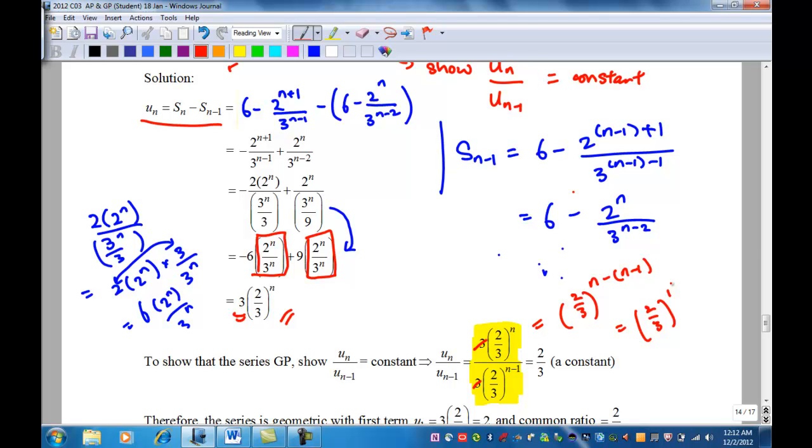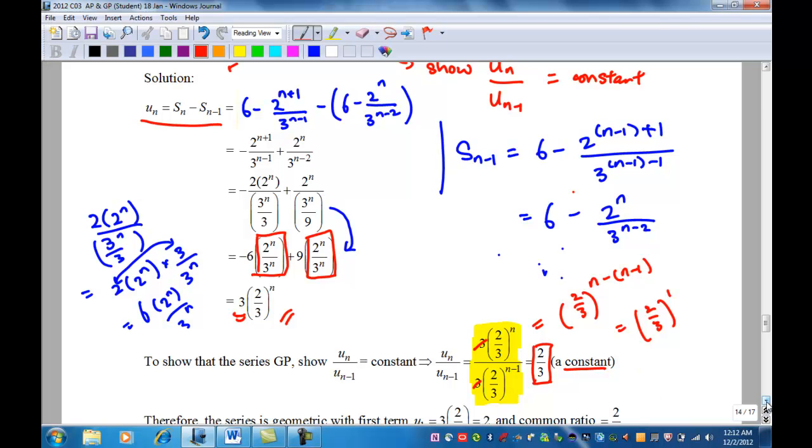That's how we can get 2/3 here. And 2/3 is a constant because we observe that there isn't any n multiplied to it or added to it, so it is a constant, and we will have proven that the series is a GP.